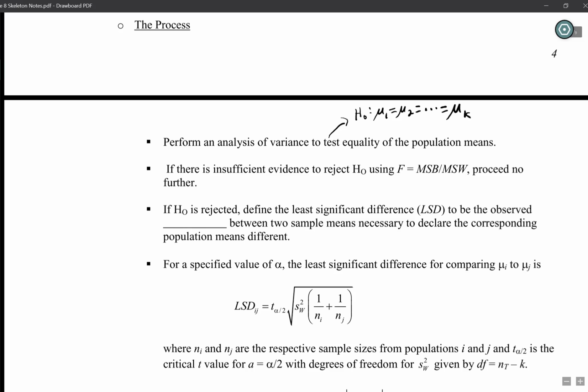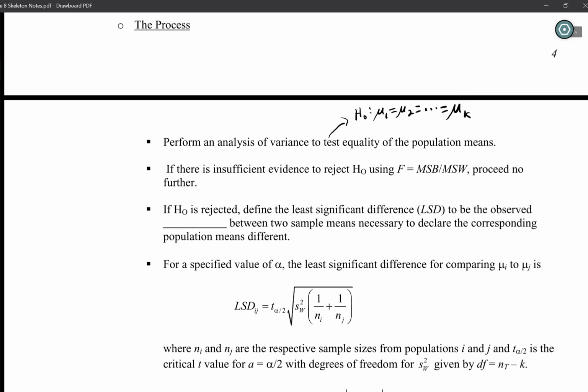I think K is the number of means we generally look at. If we reject this null hypothesis, then we're going to continue on with this Fisher's LSD approach. Now, if there's insufficient evidence to reject H0 using the F-test, then we proceed no further. It's not recommended to use Fisher's LSD approach.